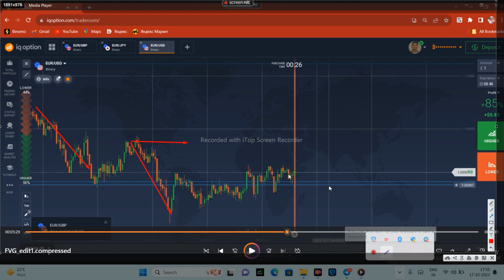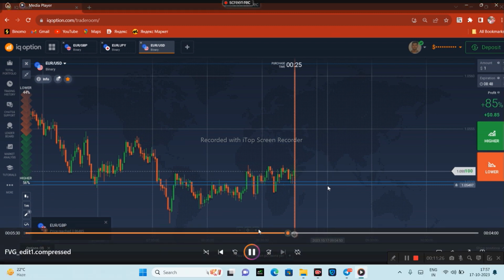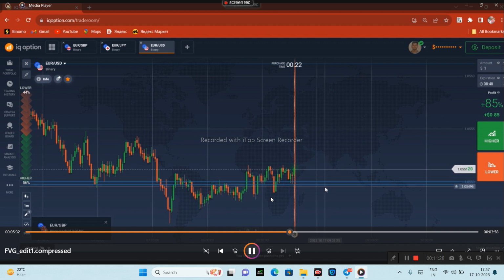And you see there is a very small gap in between the wick of this candle and this third candle here. So as the market reached this point, I placed a sell trade here, and I also won that trade. Okay, now let us check it for another opportunity.